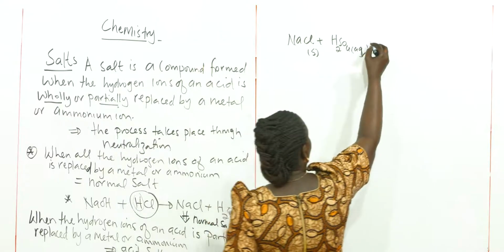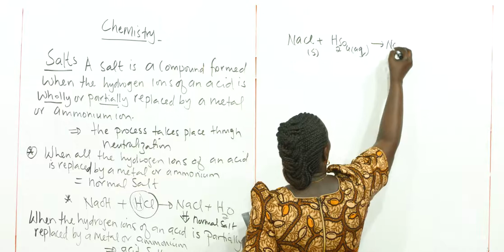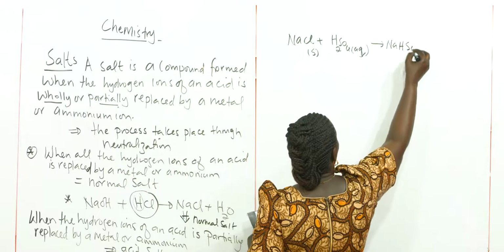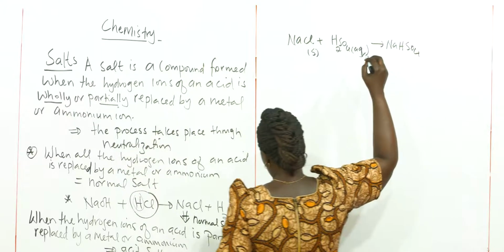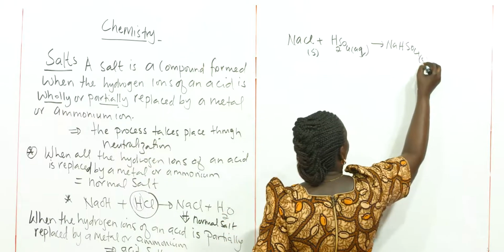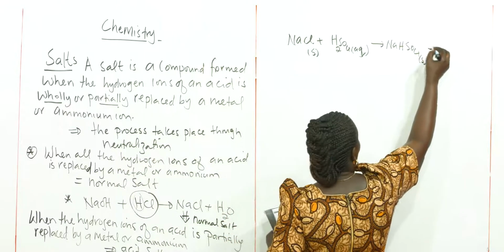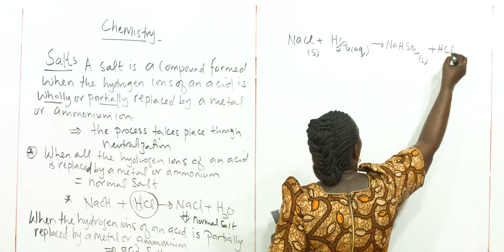This will give us sodium hydrogen sulfate, that is solid, plus hydrochloric acid.